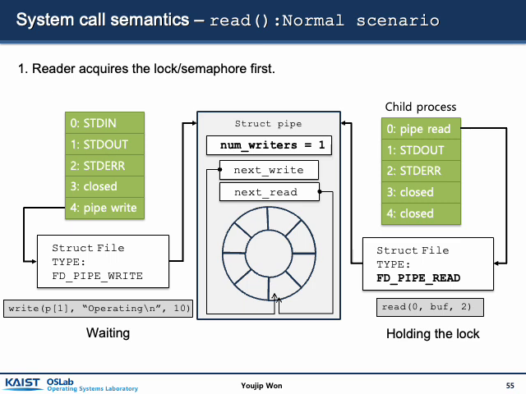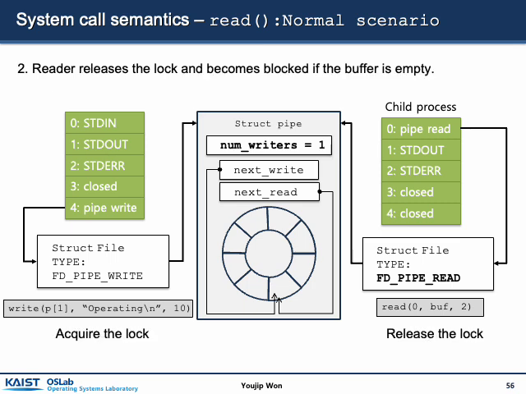In this case, there are no letters written in the pipe buffer, so the reader process does not have any data that it can read. So the read system call just returns 0 since it does not read any letters, and the reader process releases the lock related to the pipe buffer.